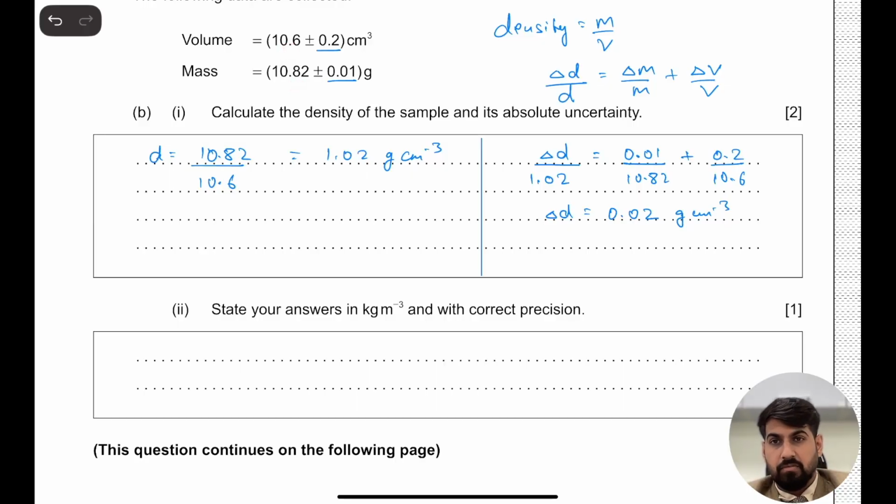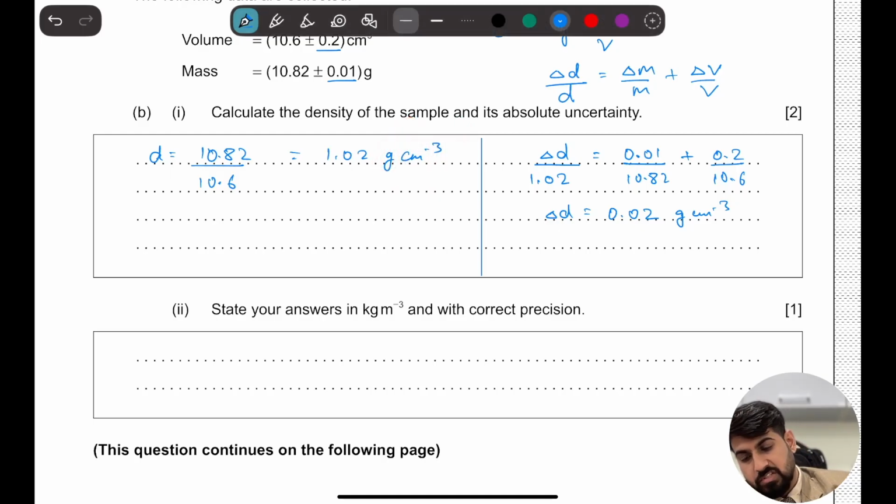So density, whatever we are writing, should be in the same precision. So you can say three significant figures we can consider as a common way to write the answer. So we know how to convert grams into kilograms and centimeter cube into meter cube. If you don't know, just pay attention.